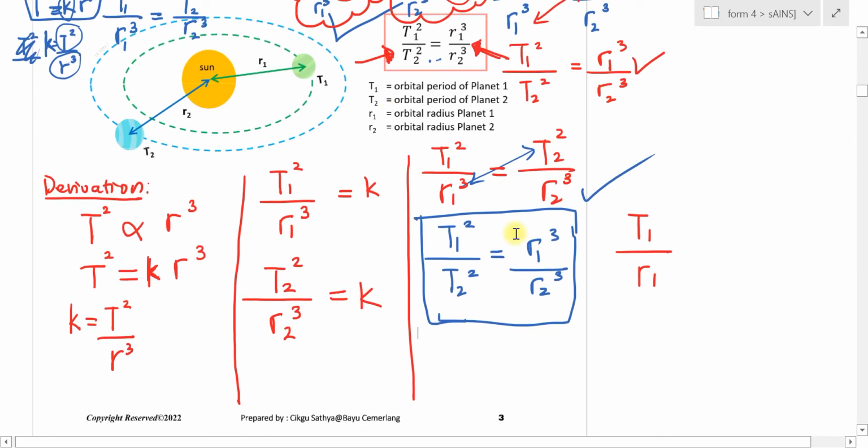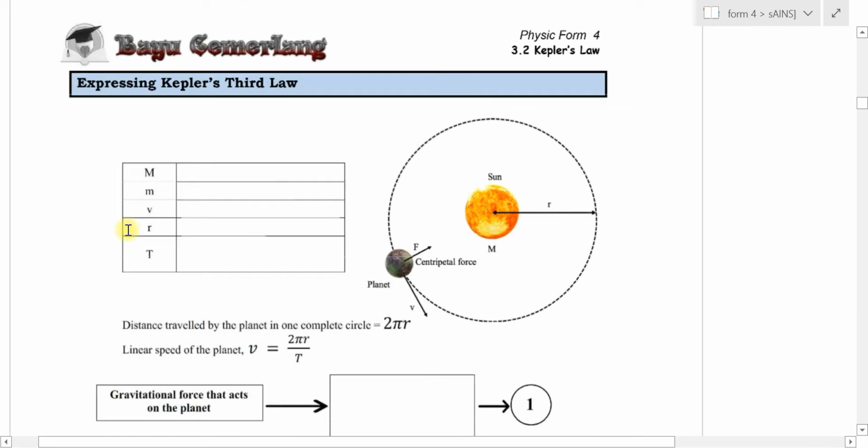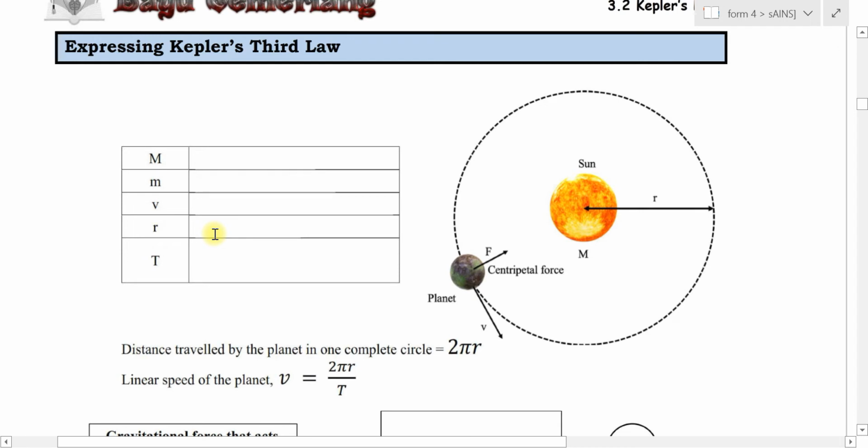Now we want to express this Kepler's third law in a more meaningful way. This is not meaningful yet, this is just to tell you. Now, expressing Kepler's third law. Remember the distance from the sun to this planet should be the radius r, and when a planet is moving, it always has the linear speed v, and centripetal force, don't forget, always acts towards the center.